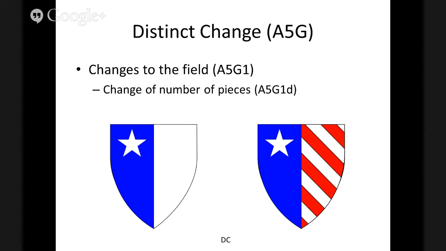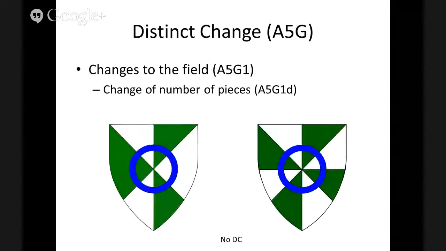How many pieces on the left? 2. How about on the right? 2. No, many. Okay. Only half of it is many, but it's many plus 1. It's still many. How about here? How many pieces divisions on the left? And somebody blazon that.